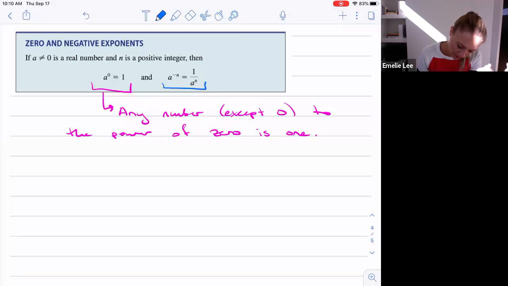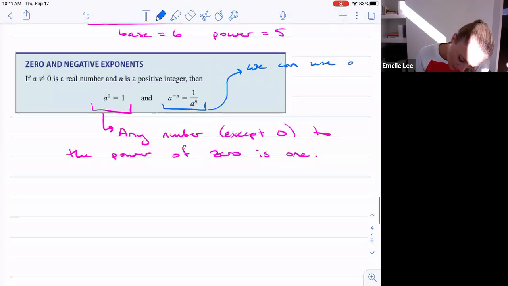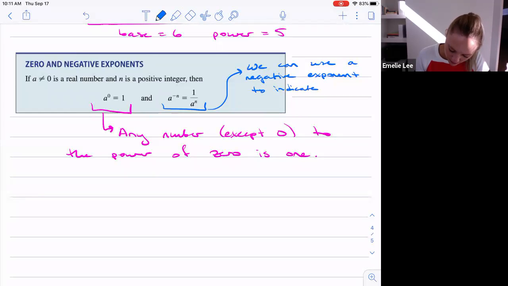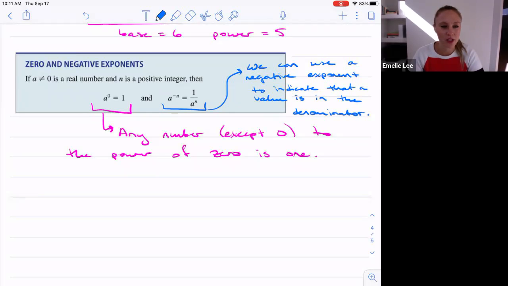So here, we can use a negative exponent to indicate that a value is in the denominator, right? Showing off all our terminology from last day, right?